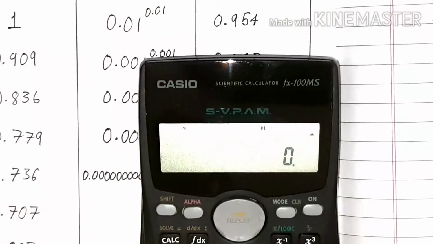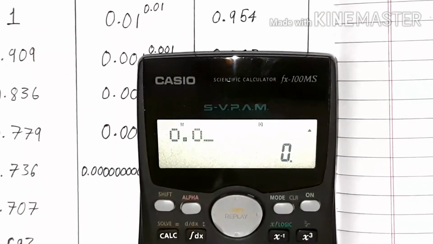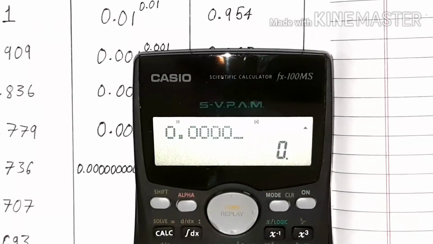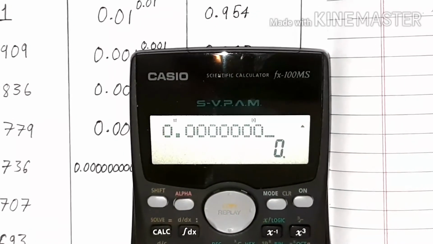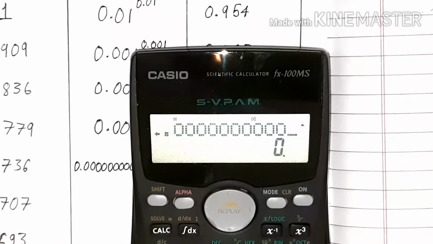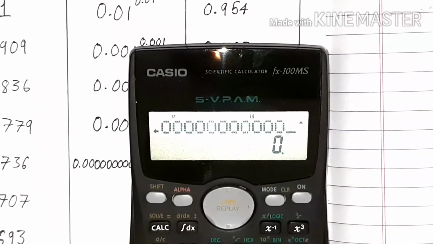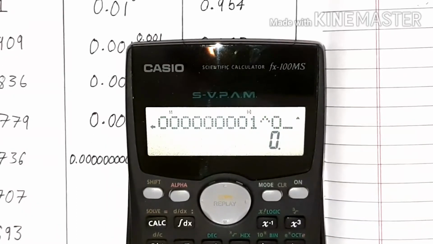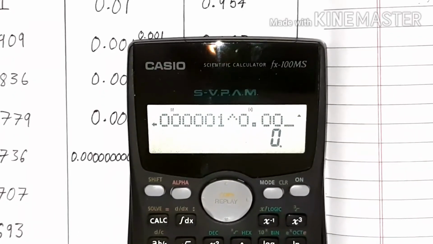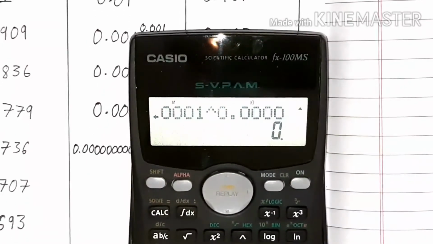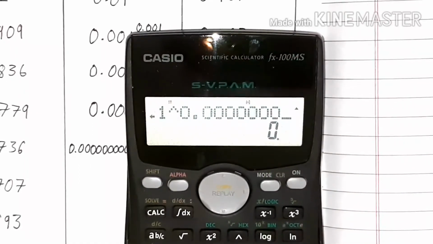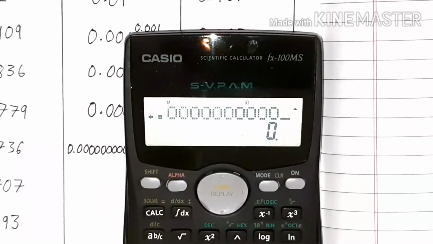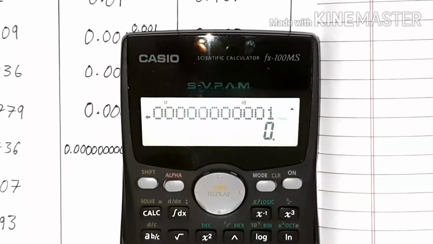Let's bring our calculator and check the answer. So we have 0.1, 2, 3, 4, 5, 6, 7, 8, 9, 10, 11 zeros and then 1, raised to the same.